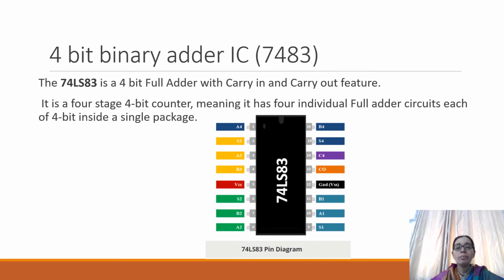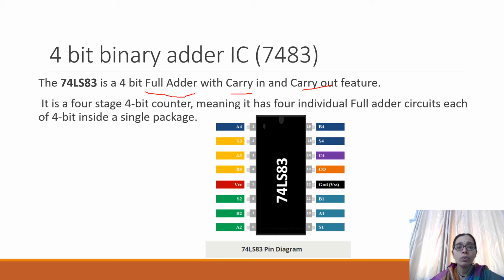So we have seen in the previous slide about the BCD code. Now we will see one of the important integrated circuits that we are going to use to design a one digit BCD adder. That IC is the 4-bit binary adder IC, whose number is 7483. So 74 low Schottky 83, it is a full adder IC with carry in and carry out feature.